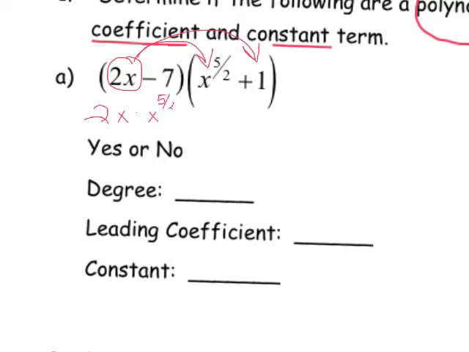At this point, even if you remember how to do this, you're going to notice that this has a fraction right here. So that was one of the rules, you can't have a fraction here. So this is a no, this is not a polynomial. So we're not going to answer these questions, okay?